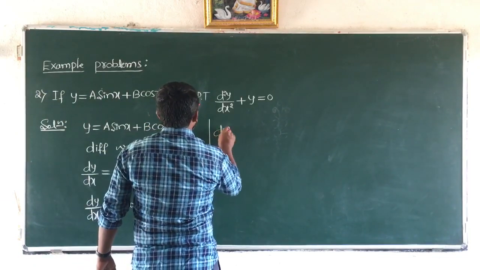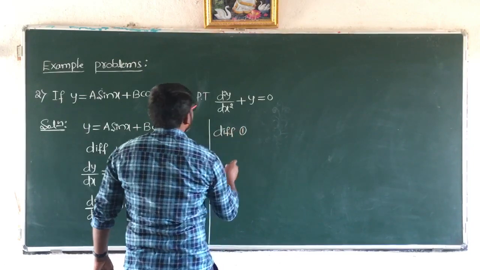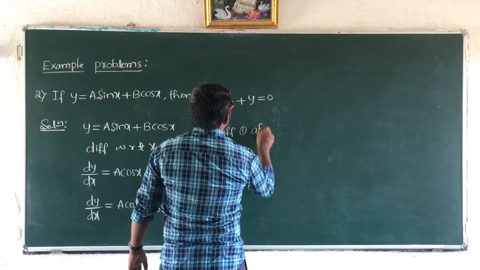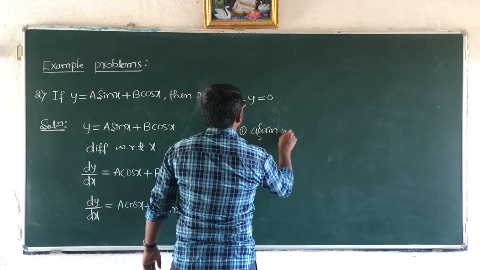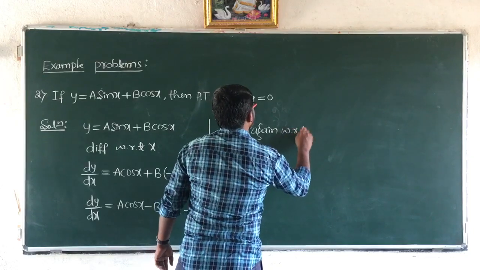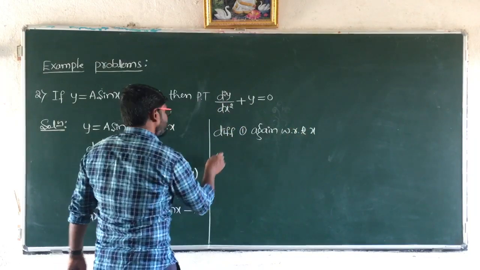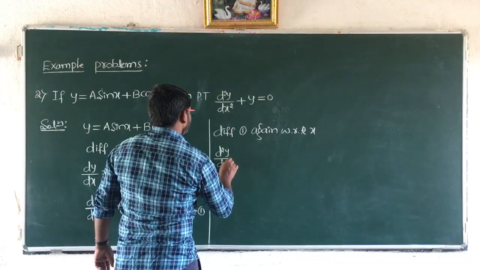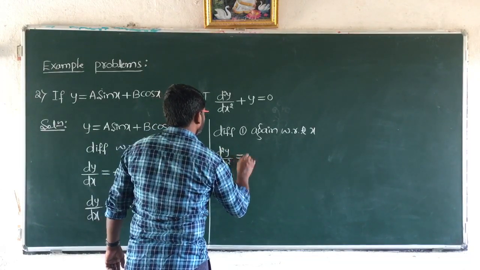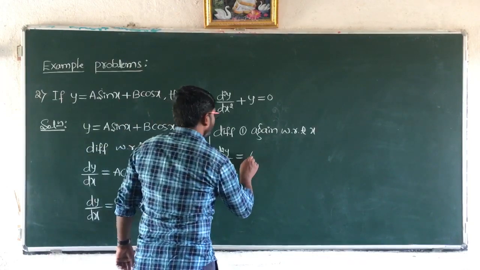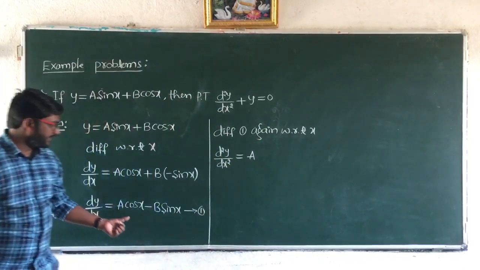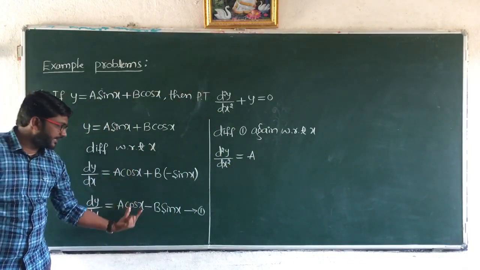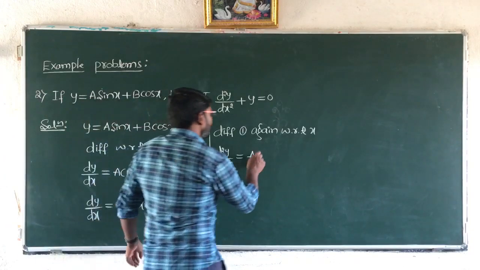Differentiate 1 again with respect to x. It becomes d square y by dx square, which is equal to, see here, now write a as it is. A is a constant, I am writing it as it is. Then derivative of cos x will be minus sin x.